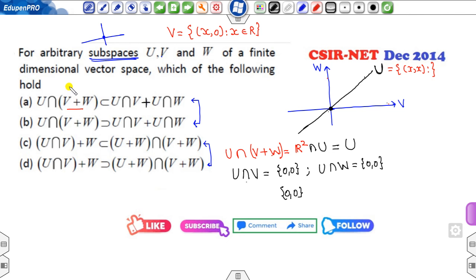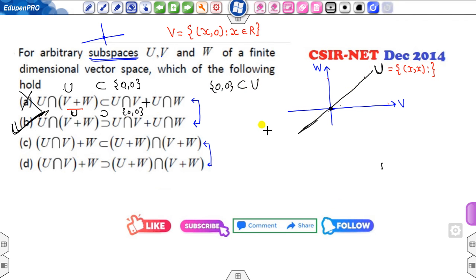So that means this value is U. Does this condition hold? No, because U is the complete line. U is not a subset of this. This is my U. Is U a part of it? Yes. What does it mean? (0, 0) is a proper subset. Yes, that's the correct statement.